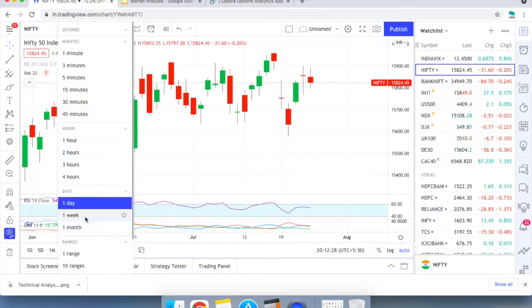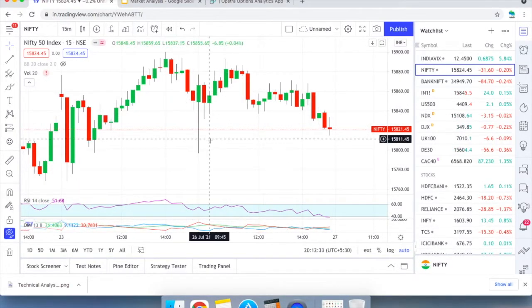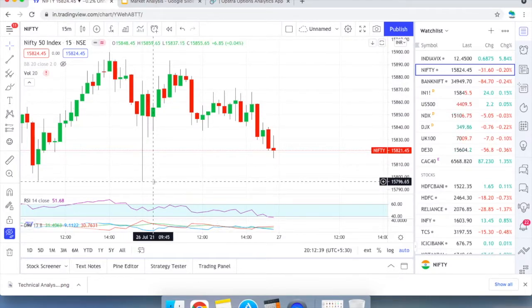So let's go to the lower time frame, the 15-minute, and see what the price action was today. We can clearly see that the market had a gap down, went down to 15,800.